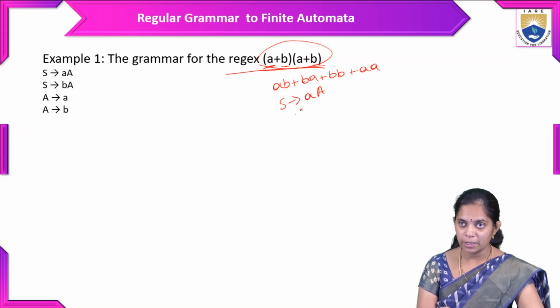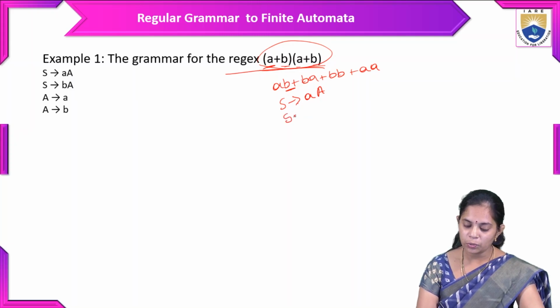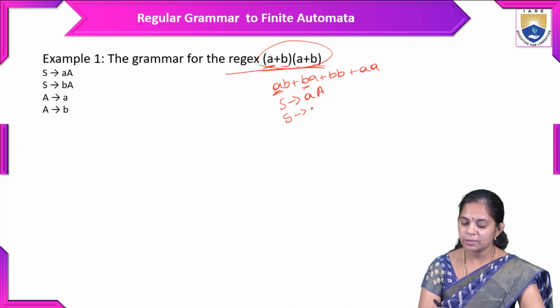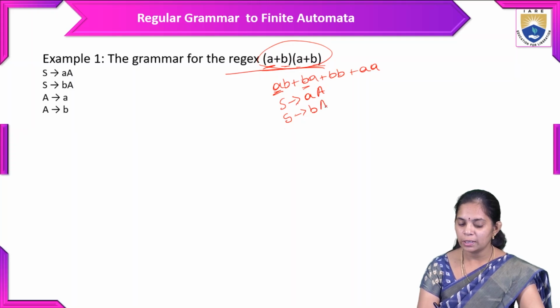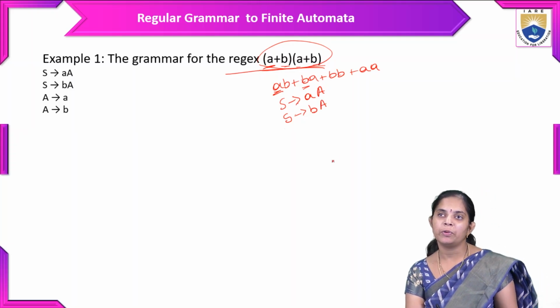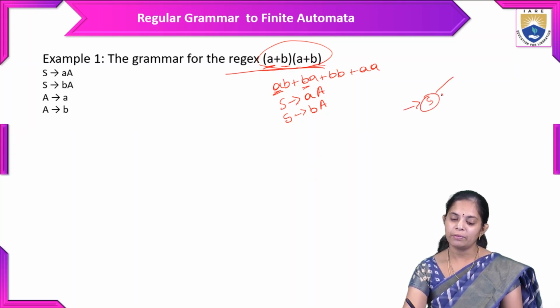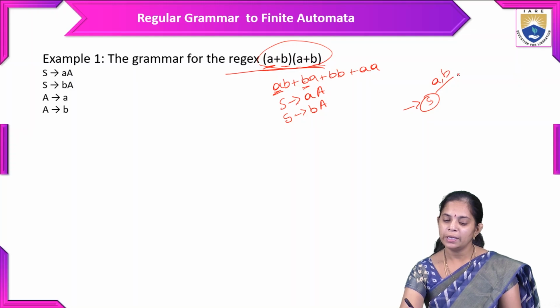And b is also there, so we write S tends to bA. So from the start state, when we read a or b, it is reaching the one state A.